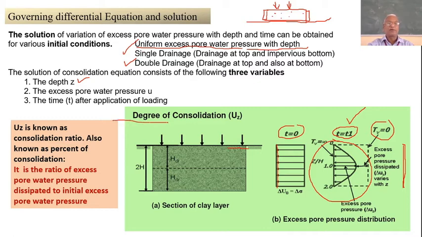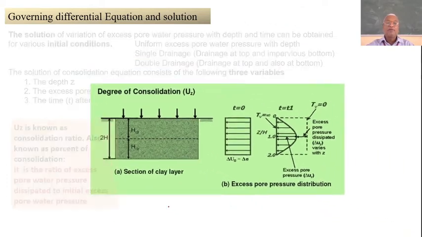Degree of consolidation is nothing but a ratio: the excess pore water pressure dissipated, which is already gone, divided by the initial excess pore water pressure, delta U naught.